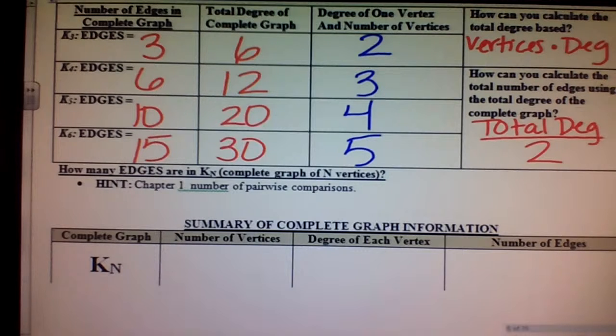So the 4 people would represent how many vertices you have. The people that they face would be your degree divided by 2. So we're actually using the same formula that you learned in pairwise comparisons. It's come back to haunt you. It's all connected somehow, some way.